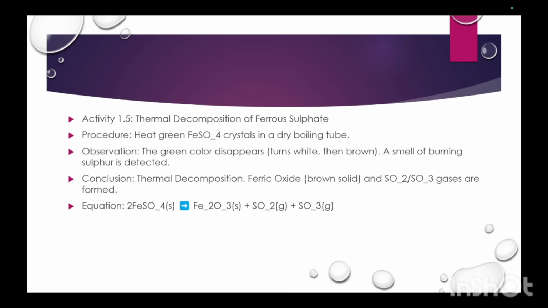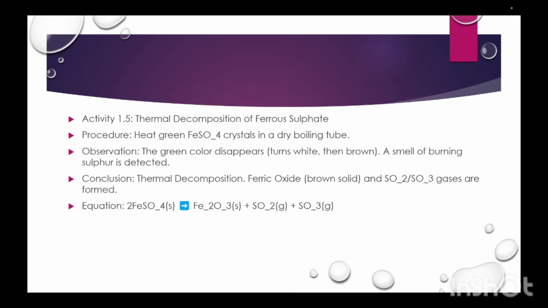The procedure: heat green FeSO4 crystals in a dry boiling tube. Observation: the green color disappears slowly. It turns white, then again changes into brown. A smell of burning sulfur is also detected. Conclusion: thermal decomposition.